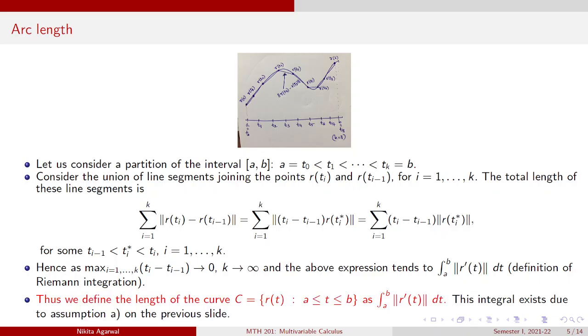Therefore, we define the length of the curve C from a to b as this integral, and this integral exists due to assumption A on the previous slide, because r'(t) is continuous. So this norm is going to be continuous and therefore this integral exists.